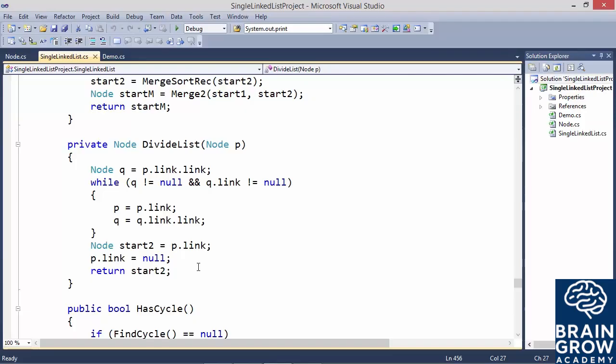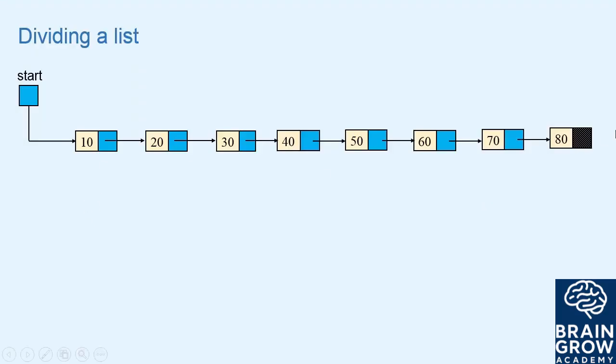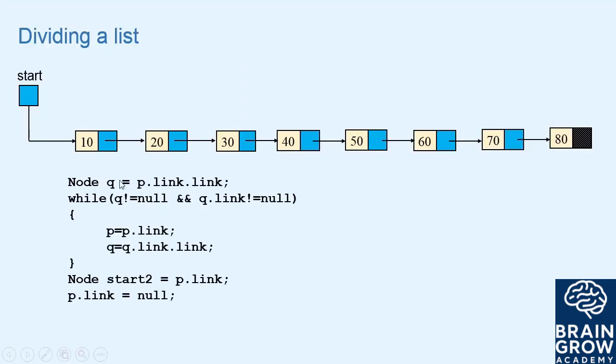Now let's understand this with the help of an example. Suppose this is a list that has to be divided. This is the code that will divide this list. Initially, P refers to the first node of this list and Q refers to the third node of the list. Now we'll move P one node at a time and Q two nodes at a time. So we move P, we move Q, we move P, we move Q two nodes, we move P, we move Q. Now Q becomes null.